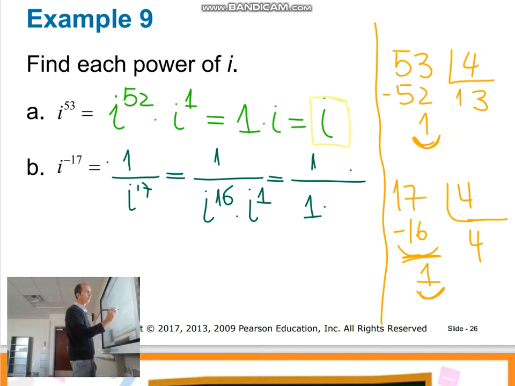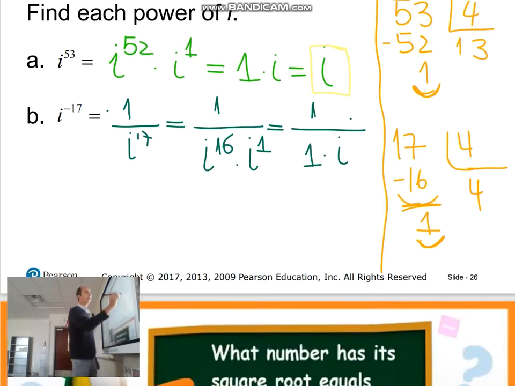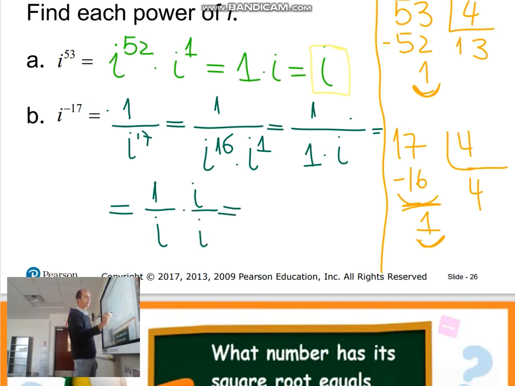And i exponent 1 is just i. This is equal to 1 over i. And we can simplify, remember. 1 over i, multiply both the numerator and denominator by i. And we have i over i squared, and i squared is negative 1, so negative i is the answer.